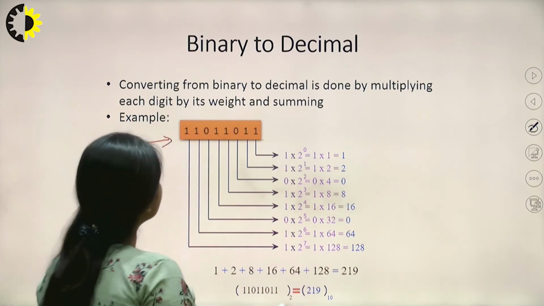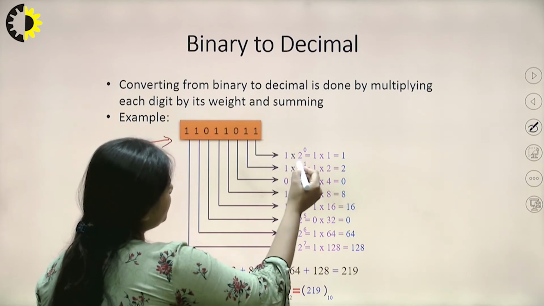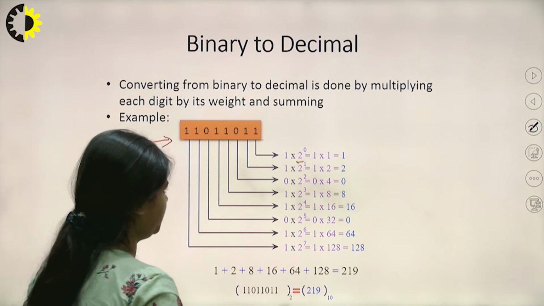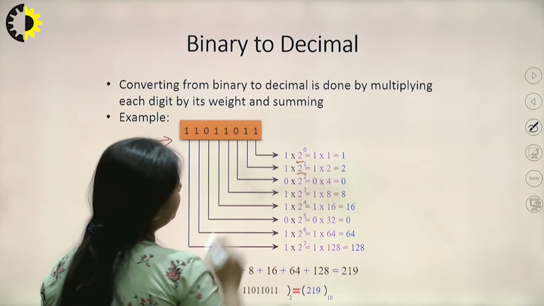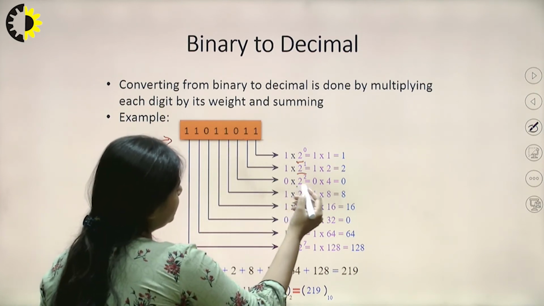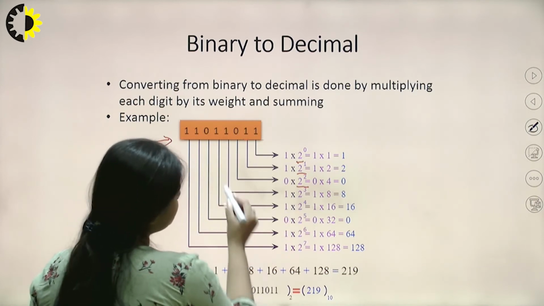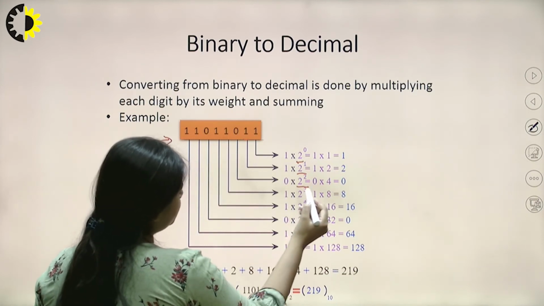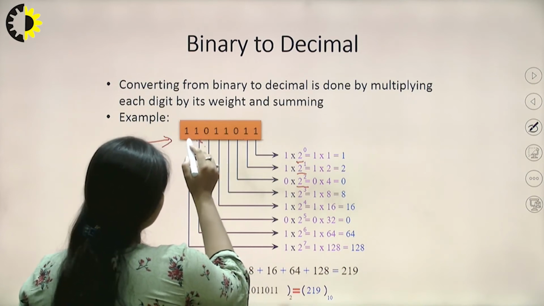So let's do it. For the first one, 1 is going to be multiplied by 2 to the power 0. Next digit is multiplied by 2 to the power 1. Another digit is multiplied by 2 to the power 2. Then the next digits by 2 to the power 3, 2 to the power 4, 2 to the power 5, 2 to the power 6, and 2 to the power 7.